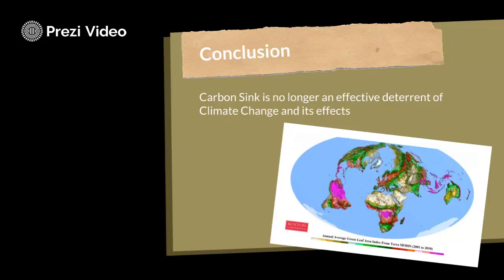Now, let's get into our conclusion. Overall, carbon sink is no longer an effective deterrent of climate change and its effects. But let's talk more about this. Through increased productivity of photosynthesis and in turn intrinsic water use efficiency, vegetation has been an effective carbon sink.